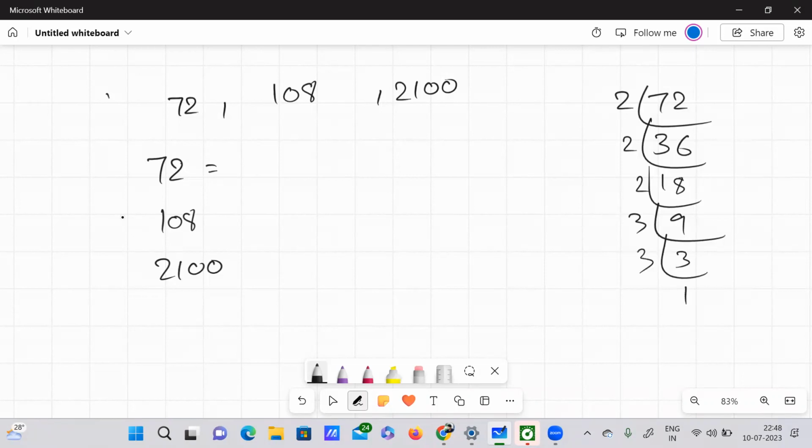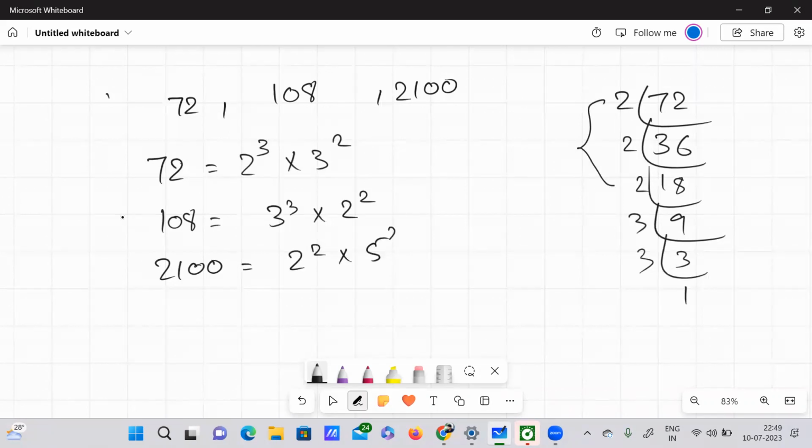So we have 3 twos, right? So 2 cube into 3 square. Okay. Likewise, if you just calculate for 108, it will become 3 cube into 2 square. And if you calculate for 2100, it automatically becomes 2 square into 5 square into 3 into 7, right?